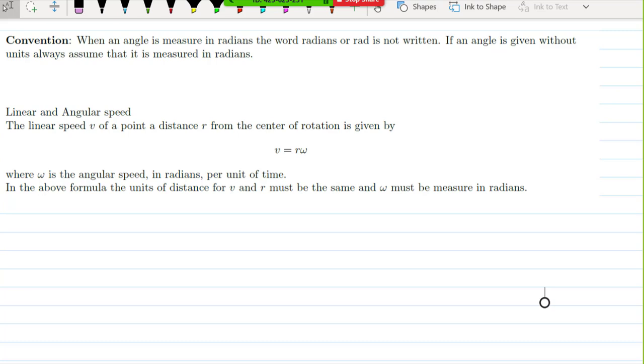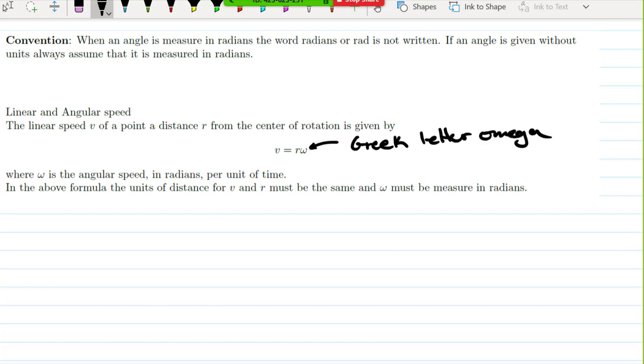So we have a relationship between linear and angular speed. The linear speed v of a point, a distance r from the center of rotation, is given by v equals r omega. It looks like a w, but this is actually a Greek letter, lowercase omega. The Greek letter lowercase omega is the angular speed, and its units are always in radians per unit time.